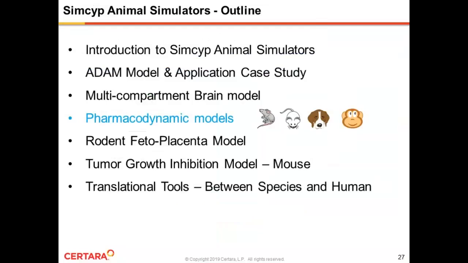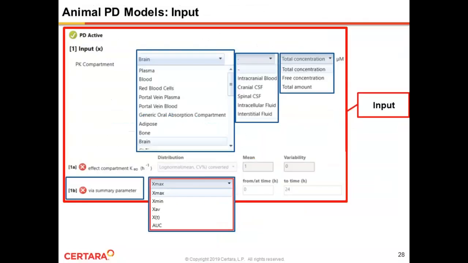Next, we will briefly talk about the pharmacodynamic models that are present in the animal simulators. One of the highlights of having pharmacodynamic models in the animal simulators is that once you have verified your PK model, you can predict the different tissue concentration time profiles in your particular species.